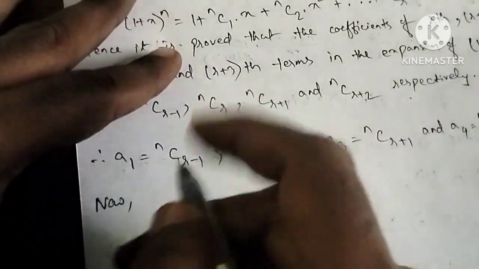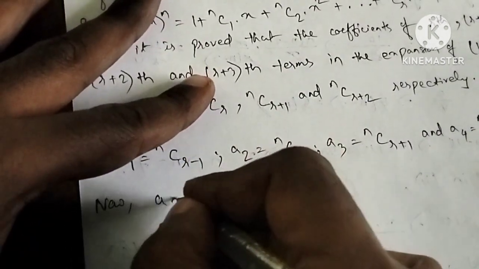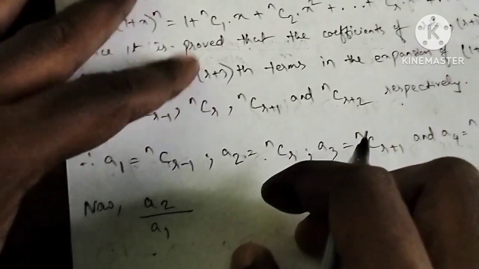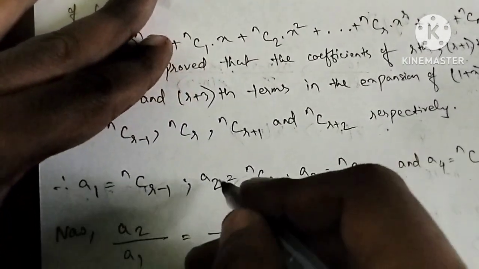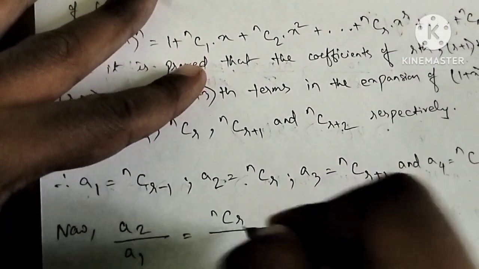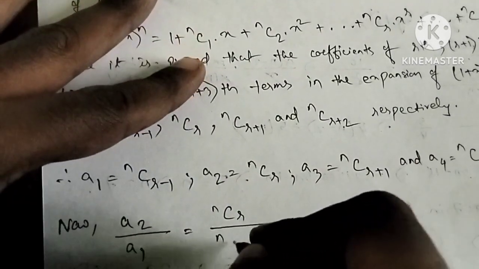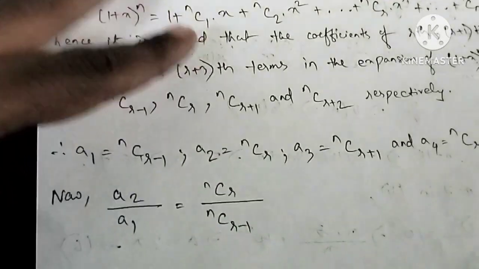So now a2 by a1. What is a2? nCr. What is a1? nC(r-1).